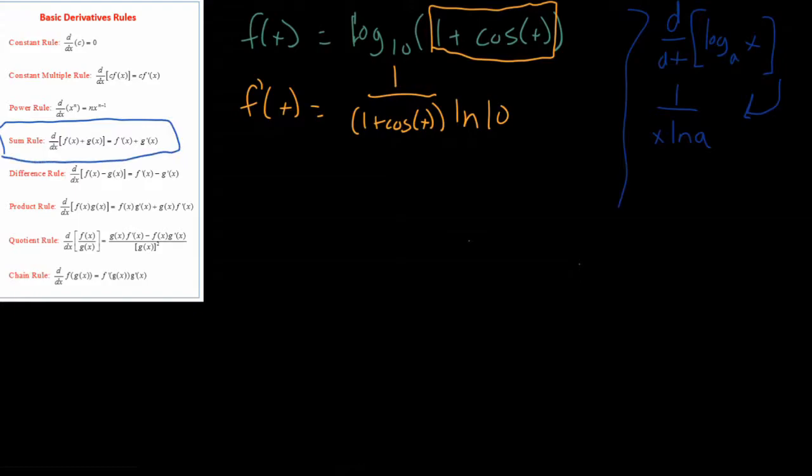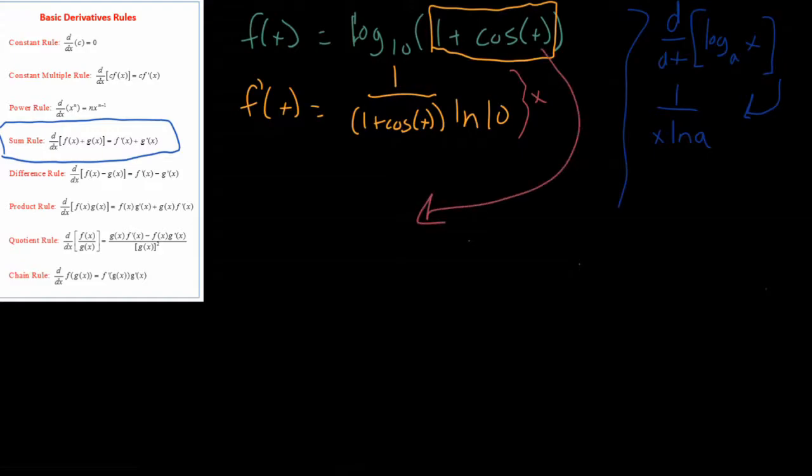The sum rule allows you, whenever you're adding 2 things and you want to take the derivative of both of them, to split that up and take the derivative of each separately. So here, keeping in mind that we still have this function right here that we're not going to forget about, and this is going to be multiplied by that, I'm just going to pull it down here.